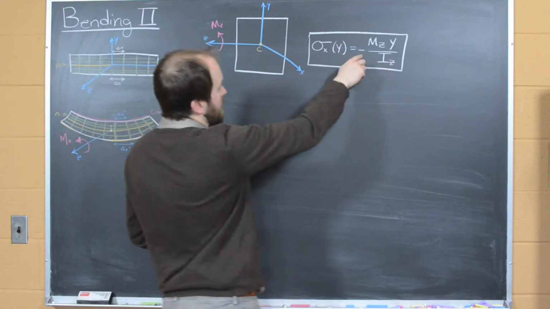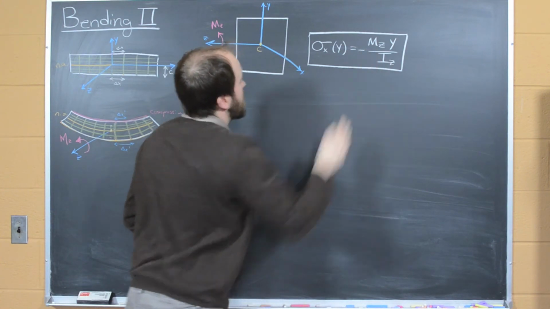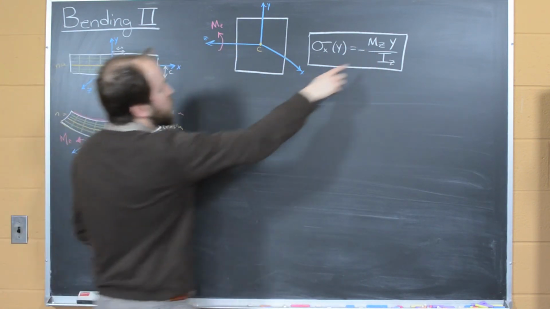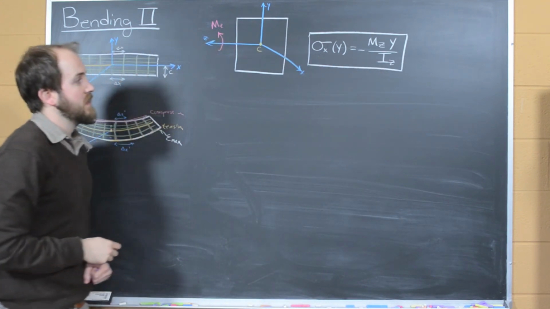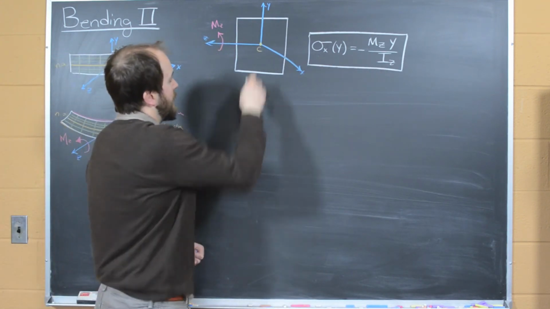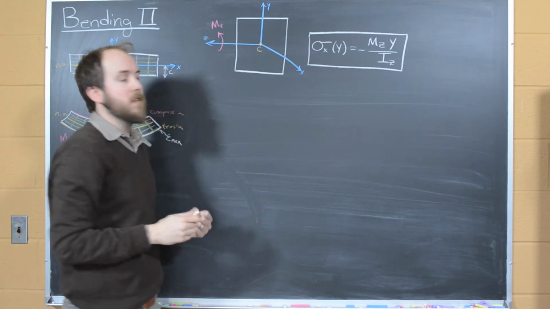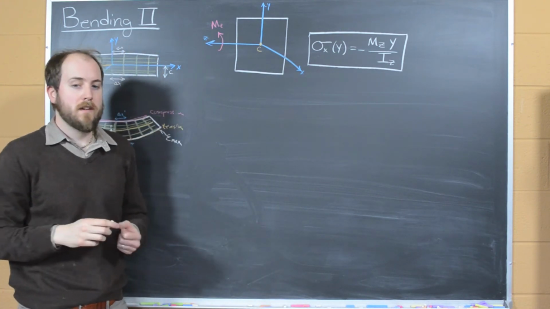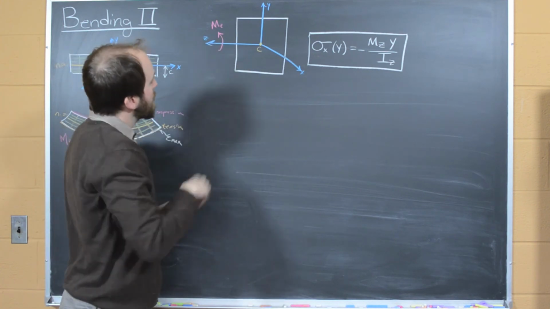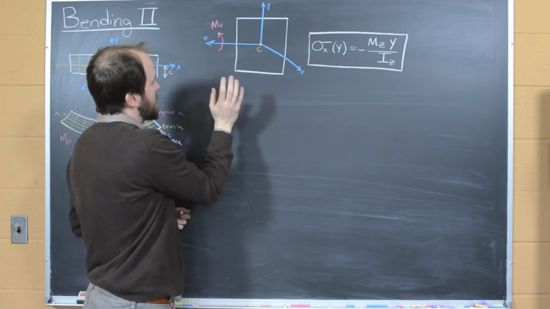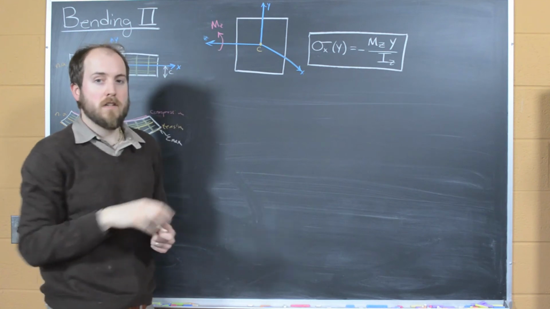And we know that to be equal to the negative of the moment about the z-axis times where you are along the y-axis over the second moment of area about the z-axis. And as you'd expect, if y equals 0, if there's no strain there, there's no stress there. And this works really well when your second moment of area is in line with the direction of your moment.